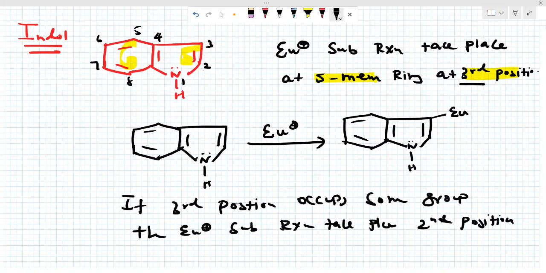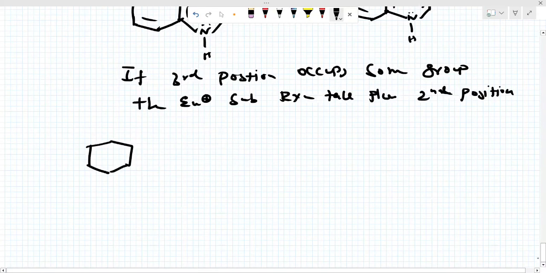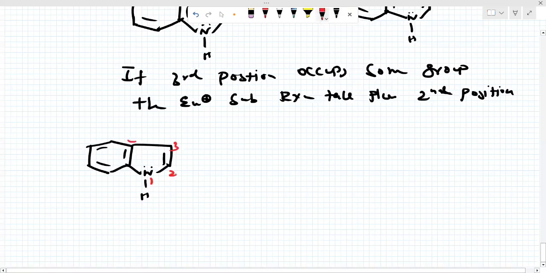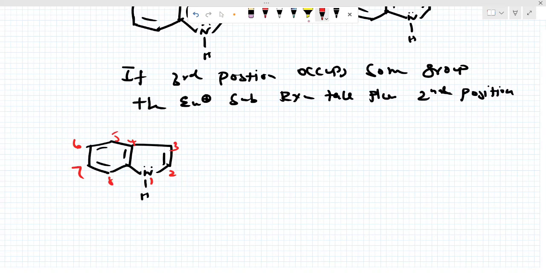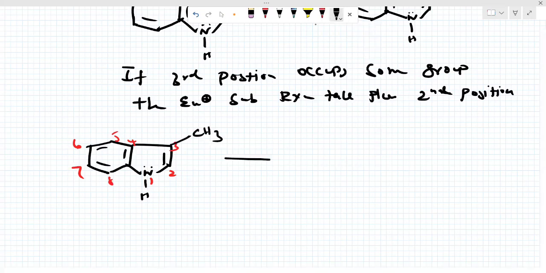I'll give you an example, please note. In the same case, they give a molecule like this, benzene, pyrrole, with positions 1, 2, 3, 4, 5, 6, 7, 8. Now that position is occupied, right? I put CH3 here, for example. Now if I do an electrophilic substitution reaction, where is the electrophile going to attack?